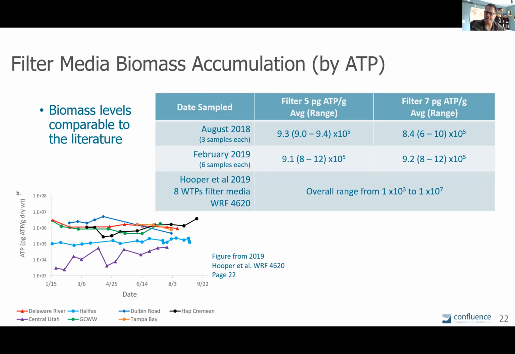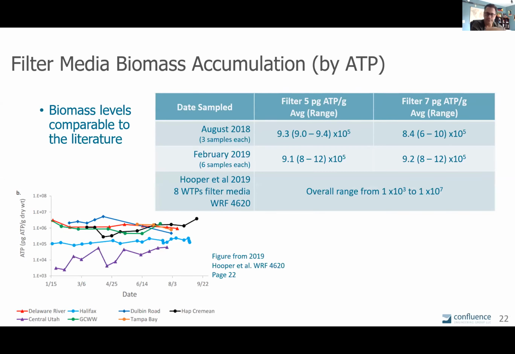We wanted to compare that to the literature, just to see where we sat. And so that bottom row of the table corresponds to the figure on the bottom left, where the study published by Hooper, which I referenced earlier about the biofiltration monitoring methods, showed that across a bunch of plants in the US that they were monitoring, they ranged from 10 to the 3 to 10 to the 7 picograms per gram of filter media ATP measurements.